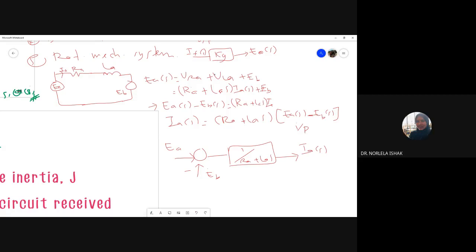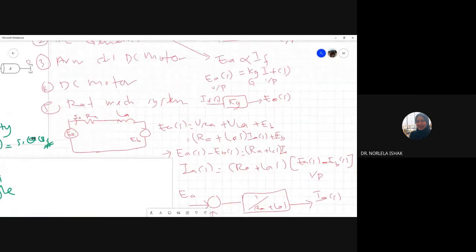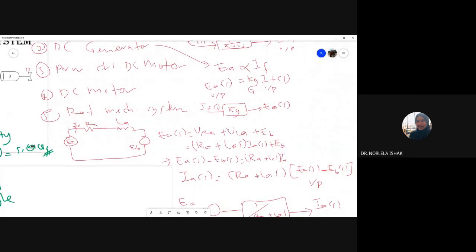Okay, the next one, DC motor. How many equations can you derive from the DC motor? Tapi ingat yang tadi yang kita buat sebelum tu. So first we derive the EB. The second one we derive torque. EB apa tadi?